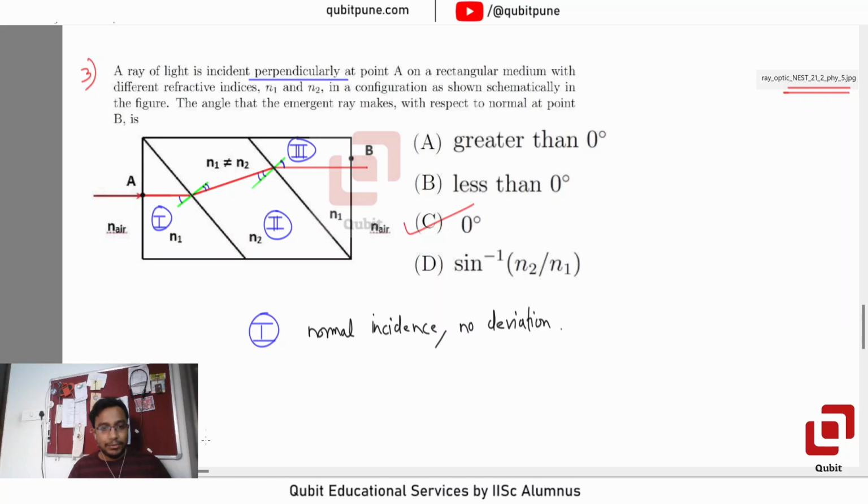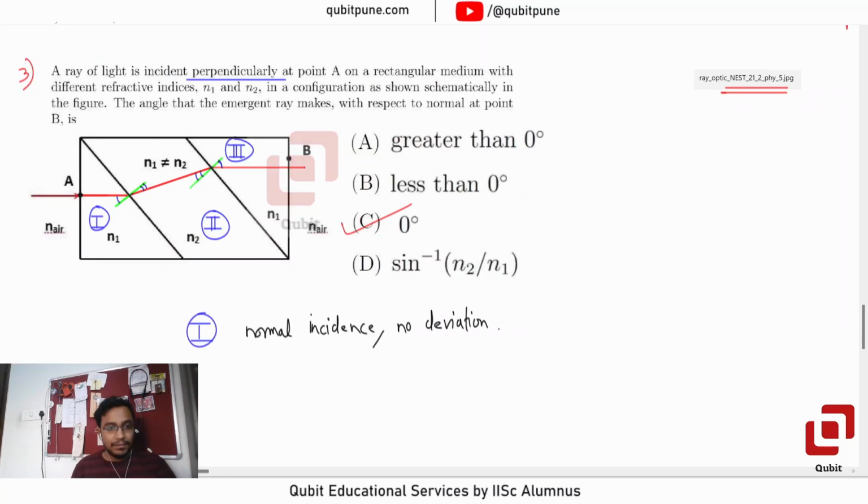So phase 2: sin i upon sin r is equal to n2 by n1.